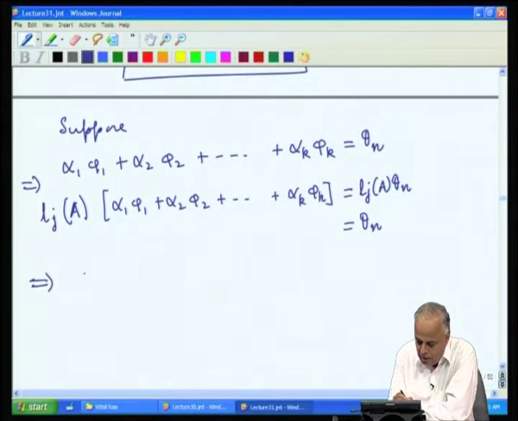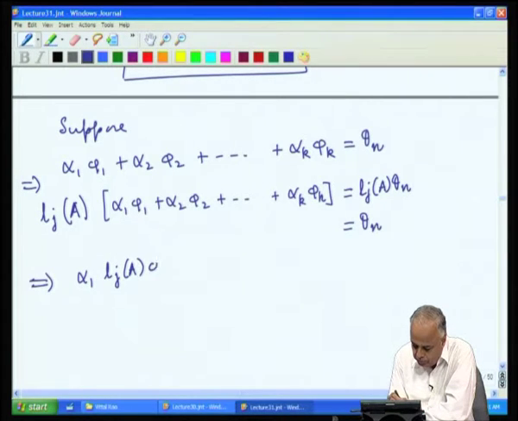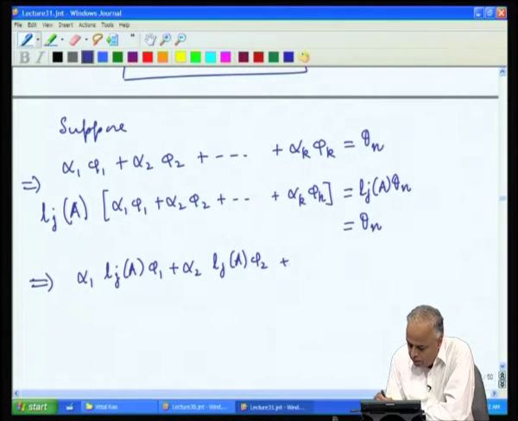That says α₁Lⱼ(A)φ₁ plus α₂Lⱼ(A)φ₂ plus etcetera, α_kLⱼ(A)φ_k is 0.